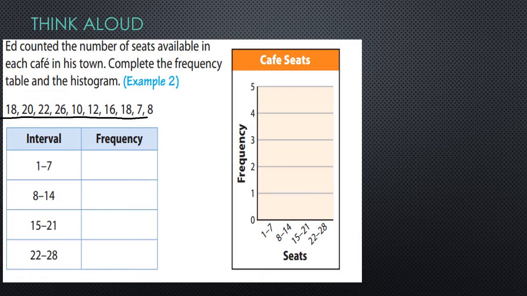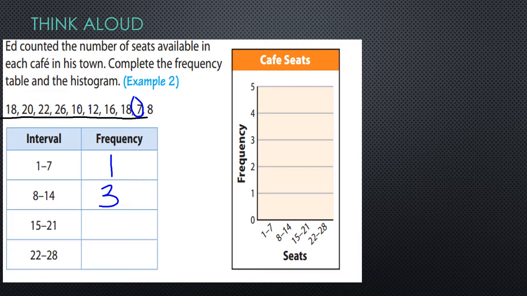For 1 through 7, including 1 and 7, I only see the number 7 here, so that only happened once. Then we're looking for numbers 8, including 8, through 14. We have 8, 10, and 12, which gives me 3 for the frequency.